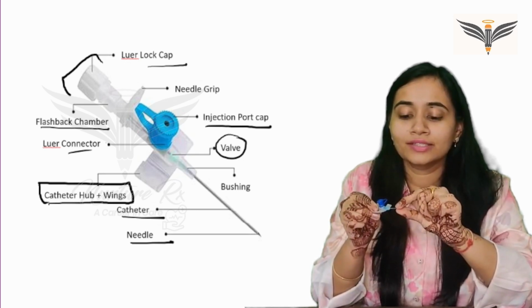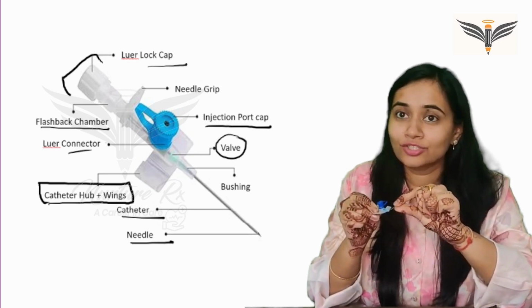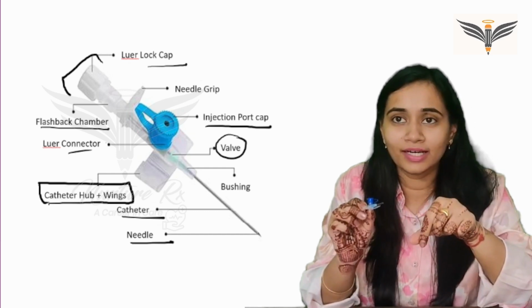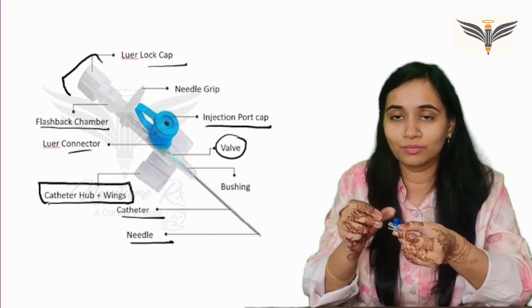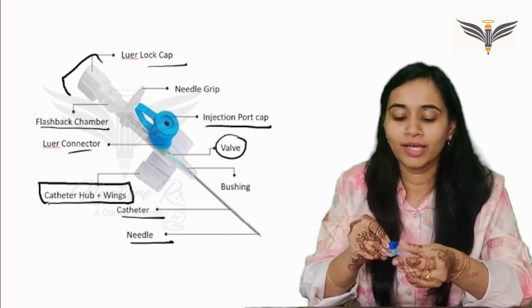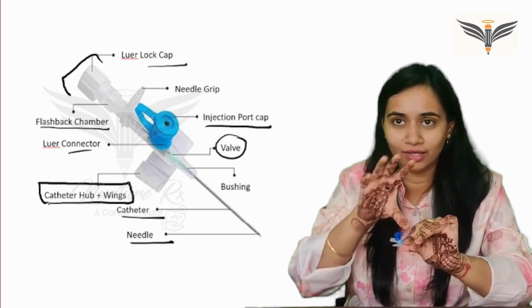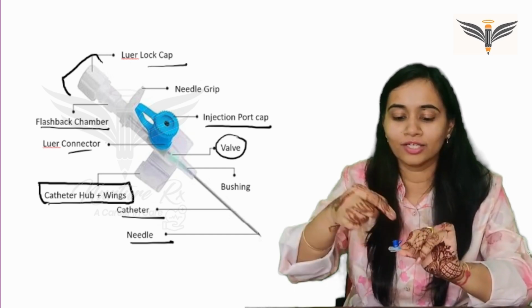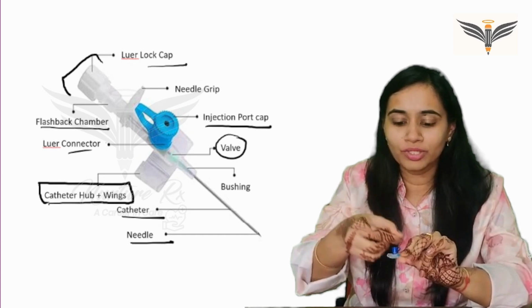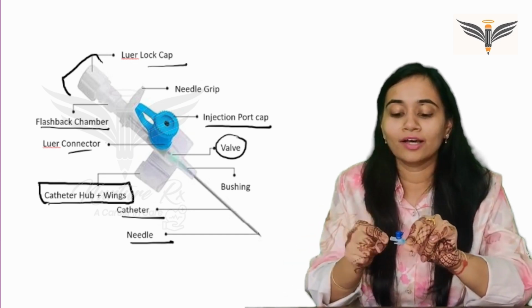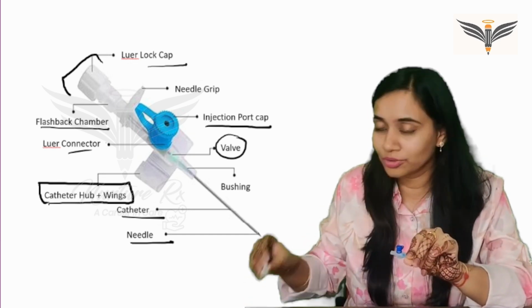Now, can you see this is completely flexible? When you've seen a cannula being inserted, the moment that needle is removed, we press this cannula along with the skin so that the vein is occluded and no blood comes outside. Now this part is open. So what do you do?